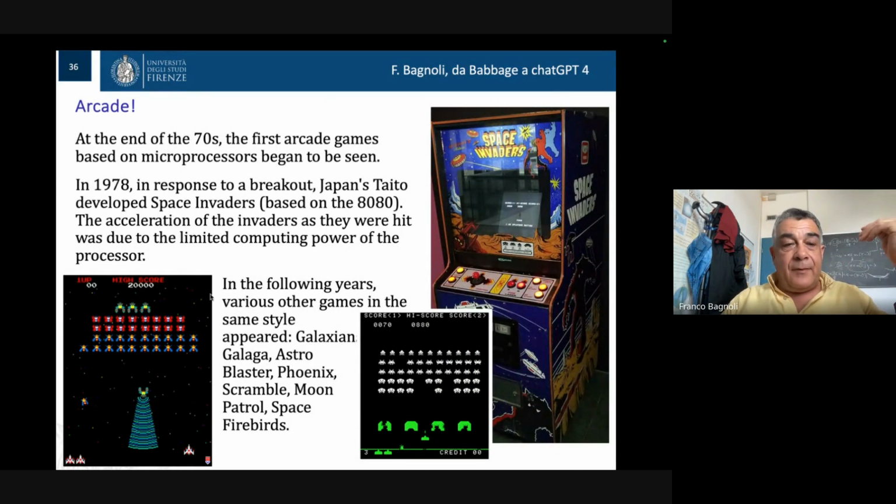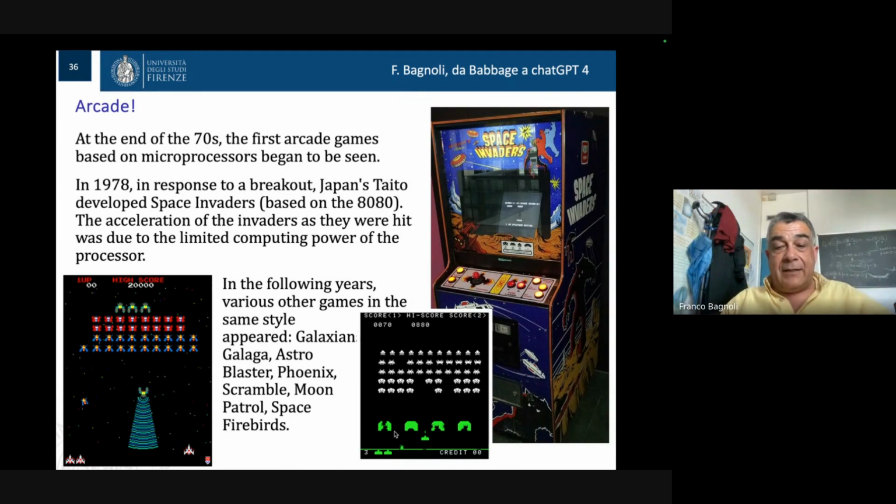And so clearly, at the end of the 60s, finally the games based on microprocessors, and so programmed, started to appear, and this also implied that games were richer in interactions.